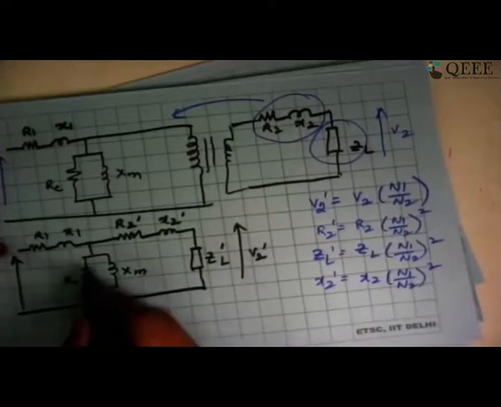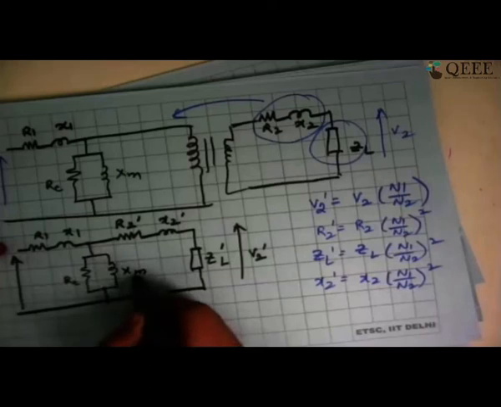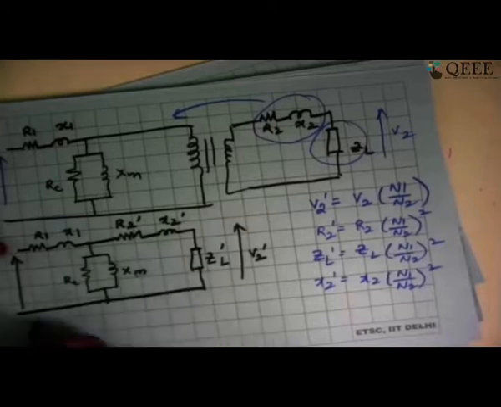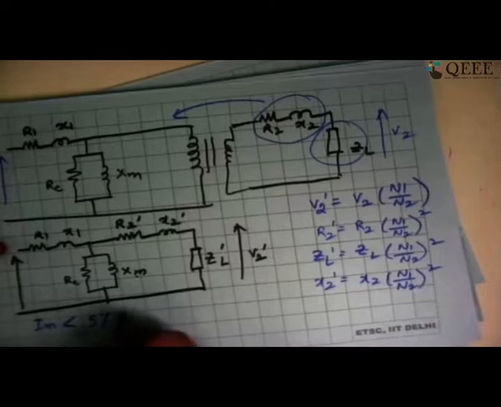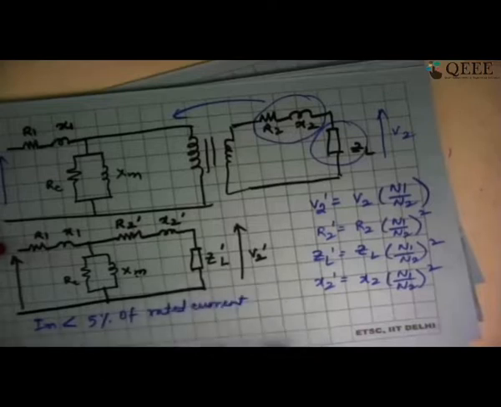Now what I can do is, because this draws very limited current, I hope you understand that XM corresponds to the magnetizing current branch. And the magnetizing current we said is generally less than 5% of rated current. So if rated current is 100 ampere, I'm going to have 2 or 3 amperes as magnetizing current.